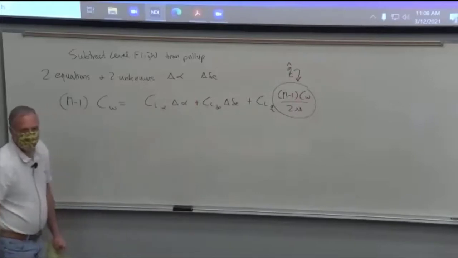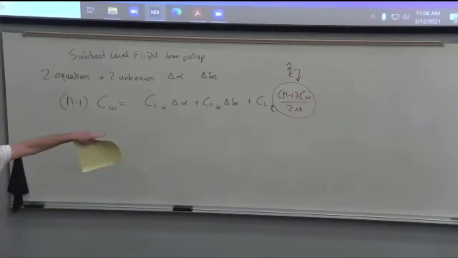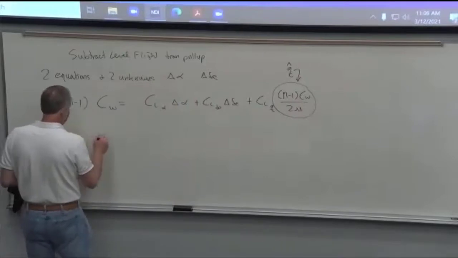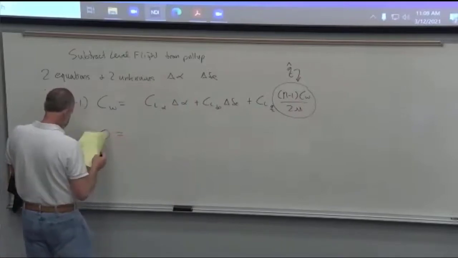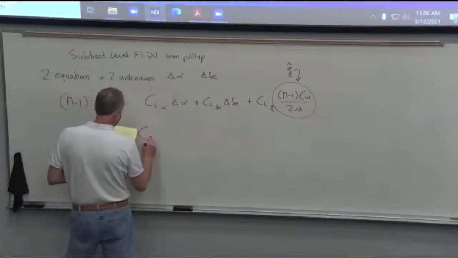So we can say, okay, I'm doing a 3G pull-up, put in 3 for n. I know my CW, I know my mass ratio, and that term we know. And then 0 minus 0 is 0. We get Cm alpha.